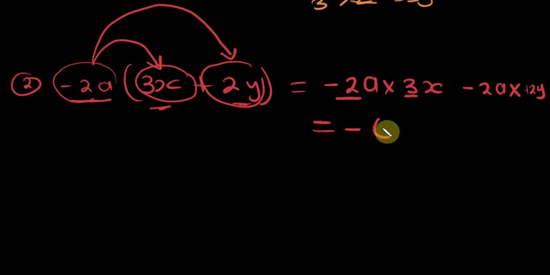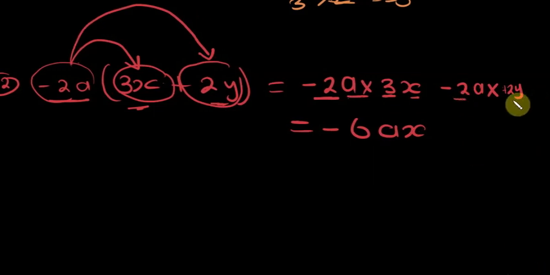Answer is minus 6. a multiplied by x, just write it as ax. Alright, minus 2 multiplied by positive 2 gives us minus 4. a multiplied by y just remains as ay. Nothing happens. Okay, cool. There we have it. Minus 6ax minus 4ay.